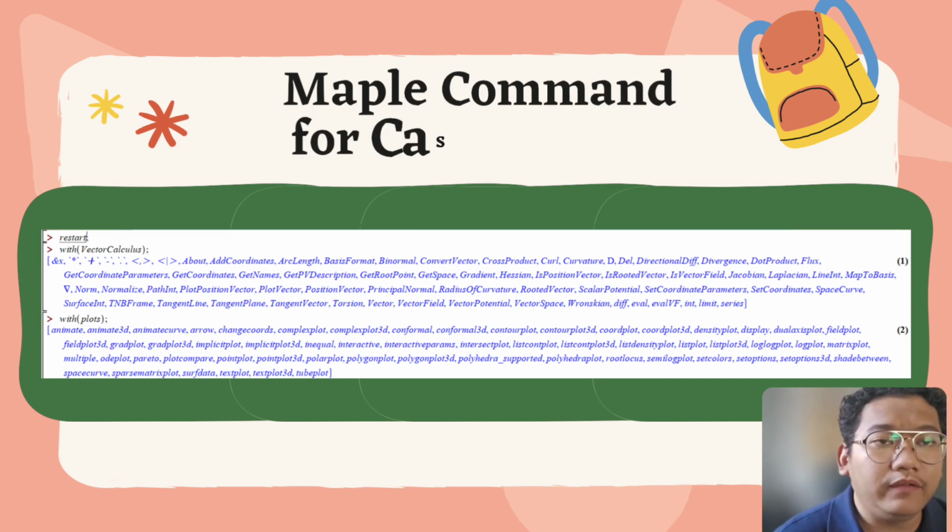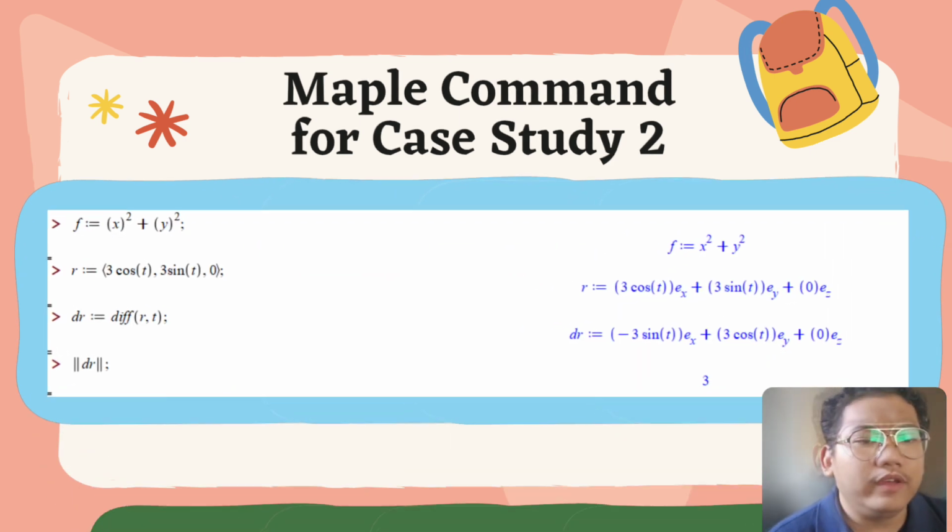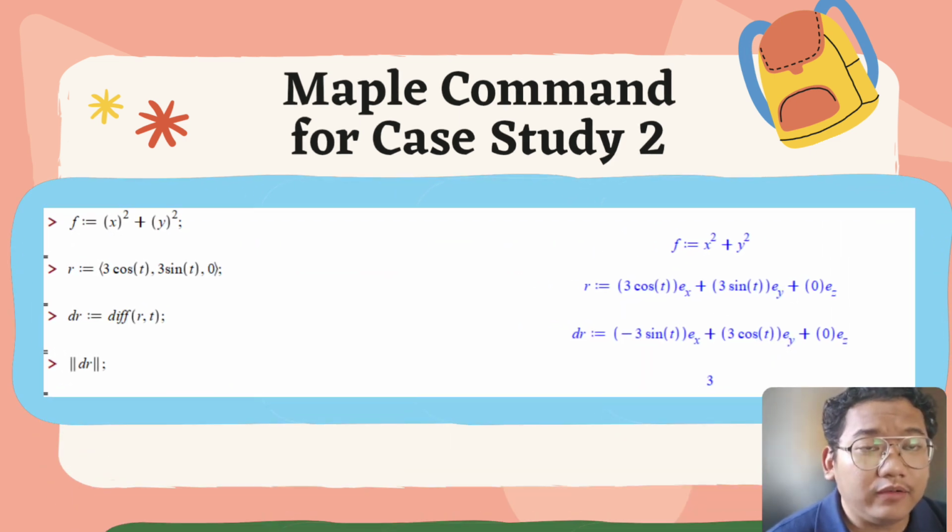For the Maple commands for case study 2, as usual, firstly we loaded vector calculus and plots. Then we establish f and also r as the parametric equation. We find dr by differentiating it, and then we also calculate the magnitude of the differentiated dr, which we will get as 3.